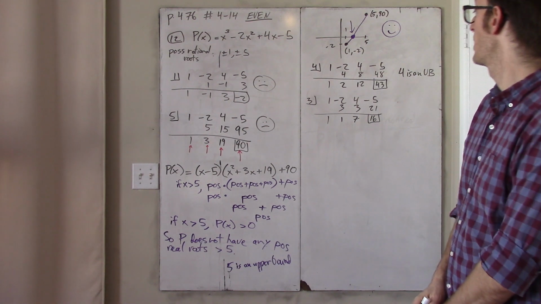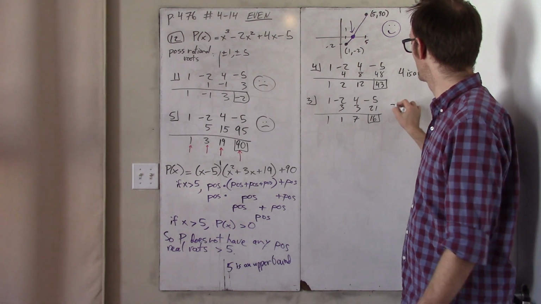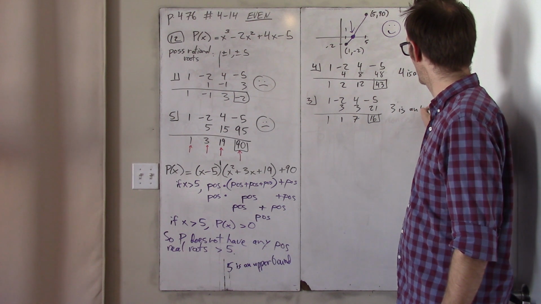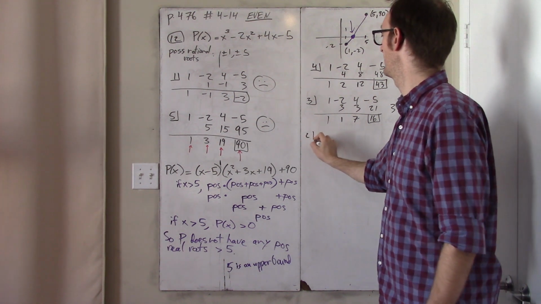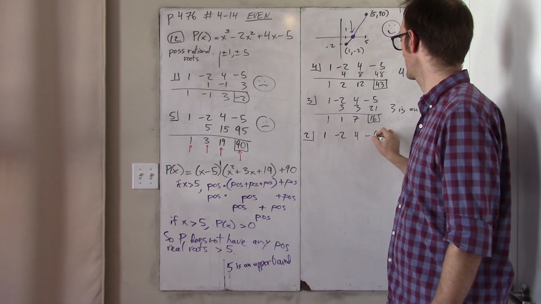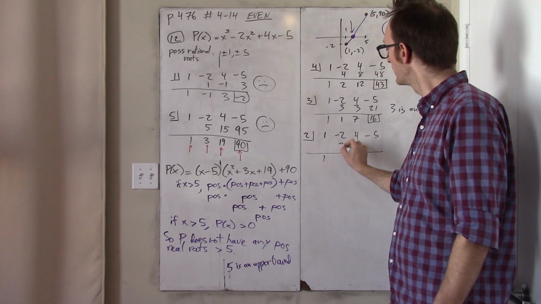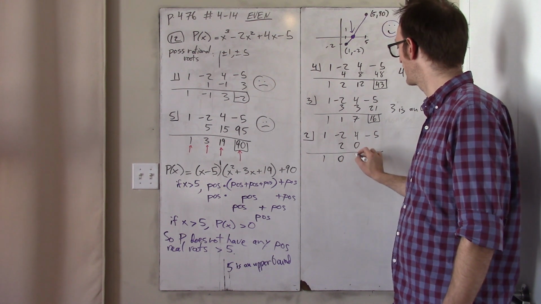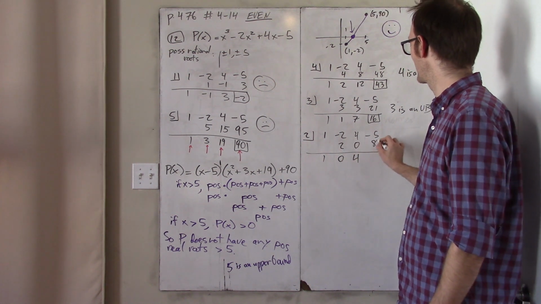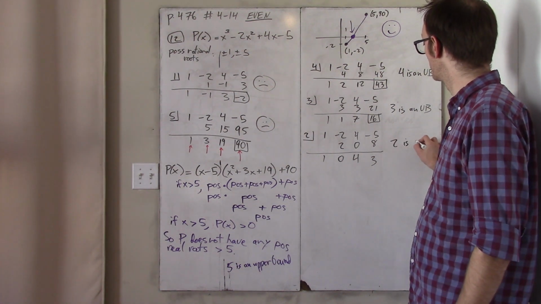Hopefully I'm doing these right. I think I am. So that means 3 is an upper bound. This is not sort of fun. And 1, negative 2, 4, negative 5, 1. So now 2, 0, 0, 4, oh my god, 8, 3. So now 2 also is an upper bound.